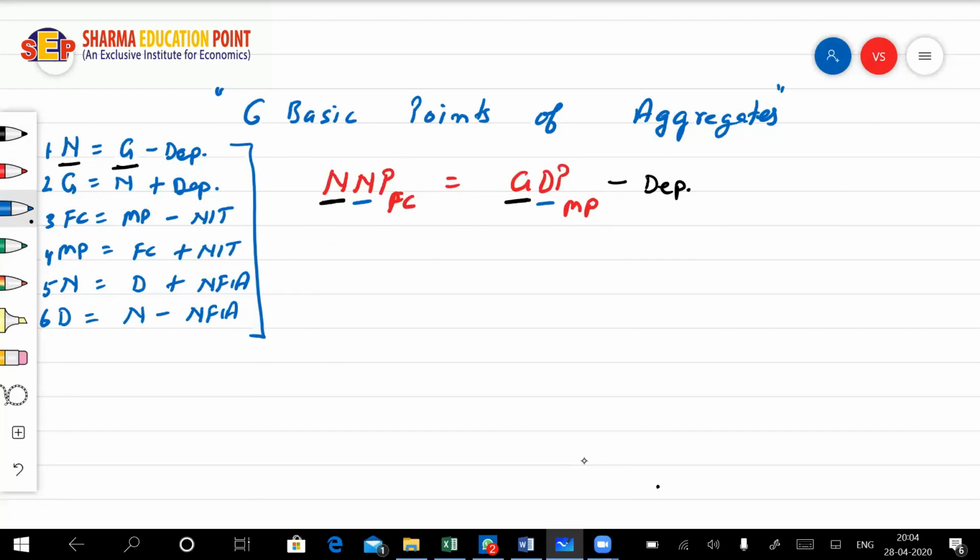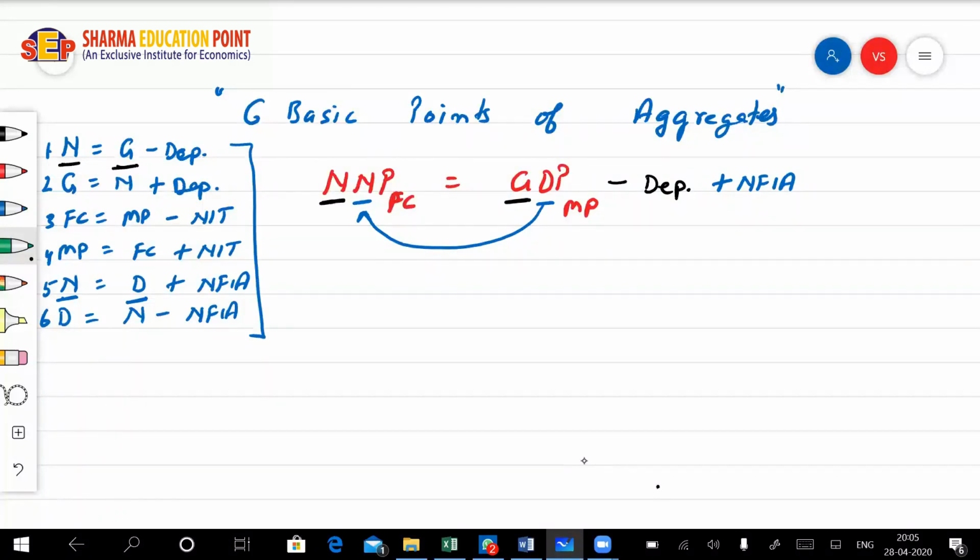So to get domestic to national, now I need left hand side national and right hand side domestic. So look from 1 to 6 points where left hand side should be N and right hand side should be D. It is written at the fifth point. So the fifth point indicates I should add NFIA. So this is plus NFIA.